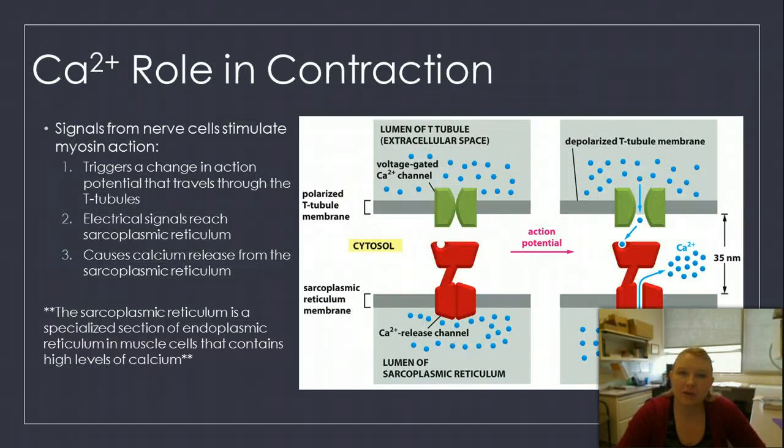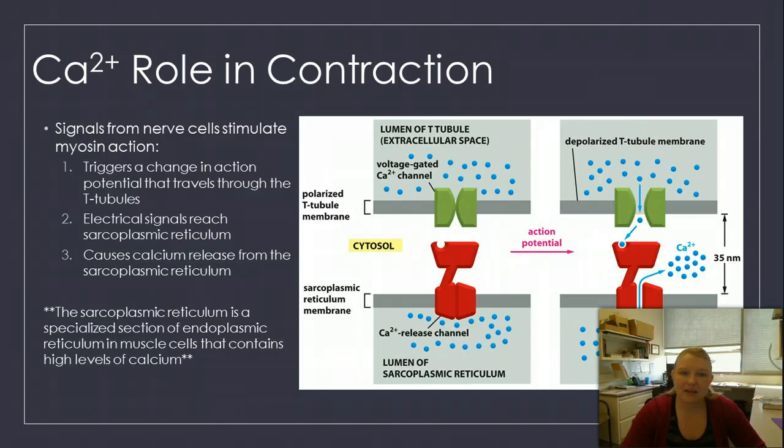It's not quite that simple, because as we know in cells, everything starts with signaling. So what starts this molecular interaction? Well, in this case, it's the role of calcium in contractions. We have a signal that comes from the nerve cells that stimulates this myosin action. We know how the signal travels down the nerve cell from what we talked about before, and it triggers an action potential change in special structures known as T-tubules. They're almost like veins that run through the muscle cells.